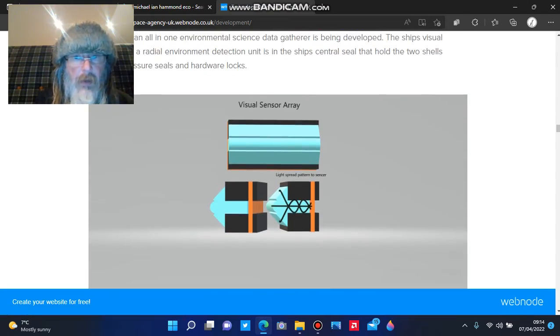Oh, this is a new visual sensor array system which I've created. It's a visual sensor array which basically is incorporated into the spaceship's most outer circumference, and it's where two shells come together and are put together. Two shells are put together, and in the center, wrapped all the way around the two shells, this becomes a seal.